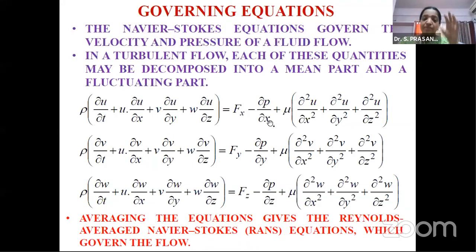For that, by means of turbulence, we apply an averaging process to these non-linear Navier-Stokes differential equations. This averaging process gives us new equations, called the Reynolds Averaged Navier-Stokes equations.